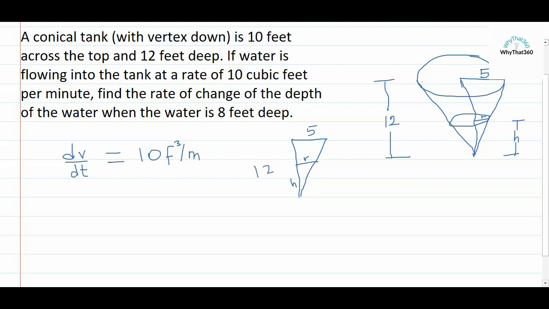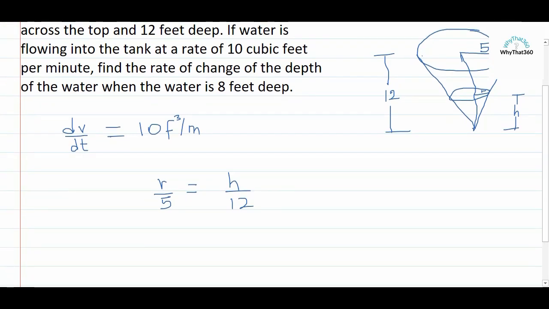From similar triangles, those two are similar. So from similar triangles, we know that r divided by 5 should be equal to h divided by 12.